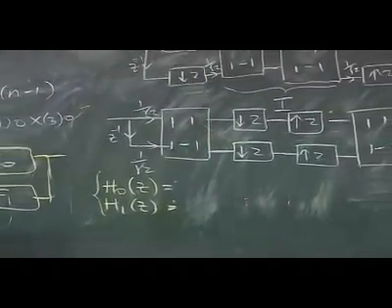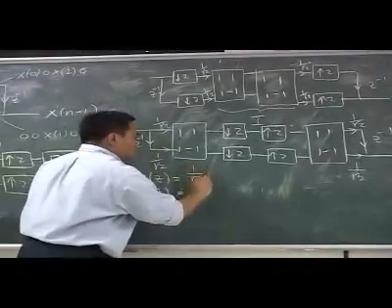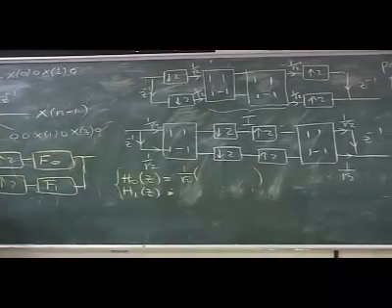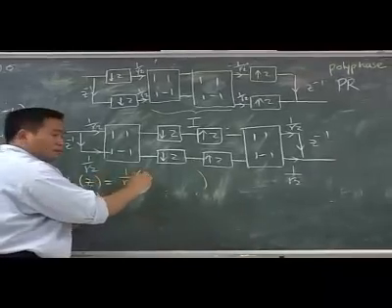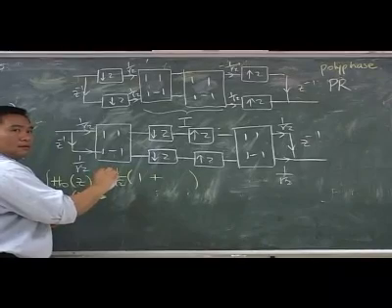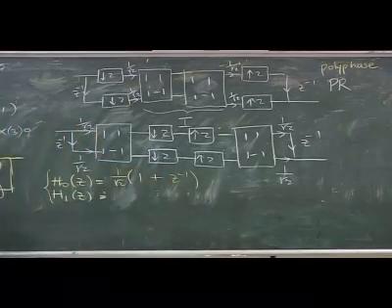What is it? What is that transfer function? 1 over square root of 2 and what? 1 minus the last 1 plus z power square. How do I see that?